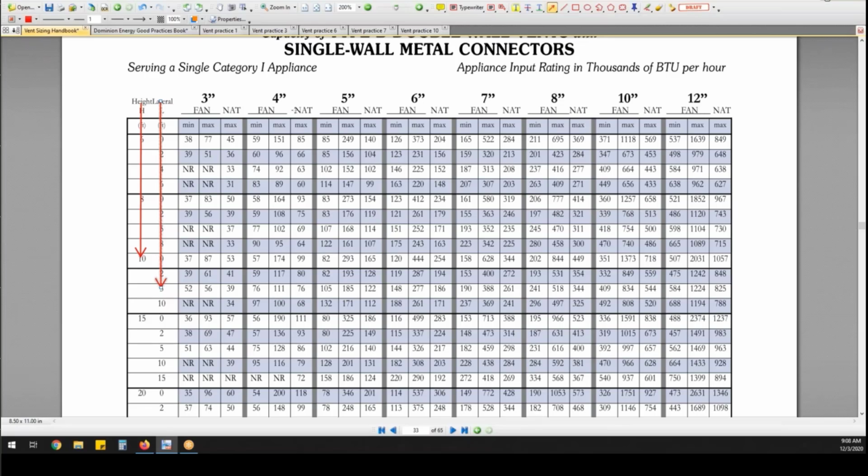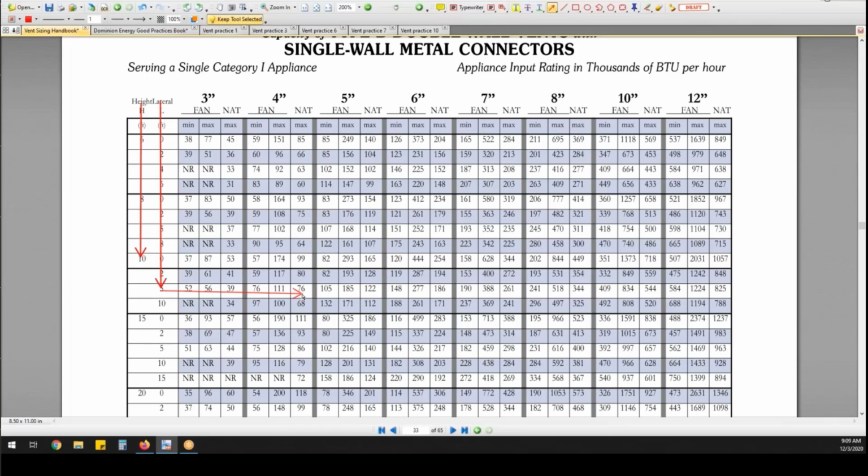It was a natural draft appliance, so I'm always going to be looking in the natural draft column. And I need to get 140,000 BTUs through that pipe. So I come across, well, with a 3-inch single wall connector, I can only get 39,000 BTUs up that pipe.